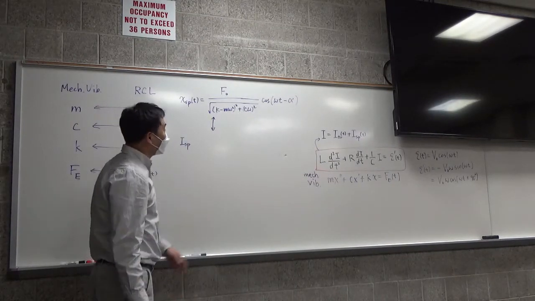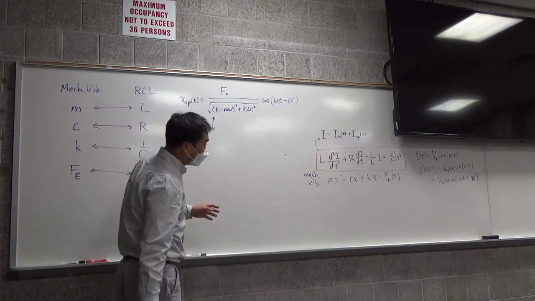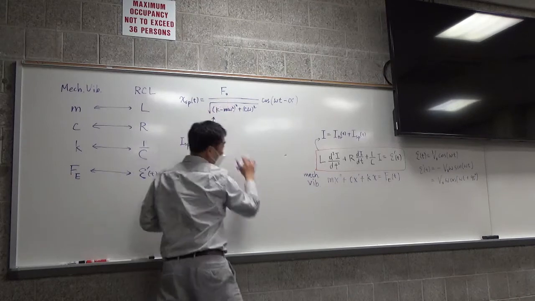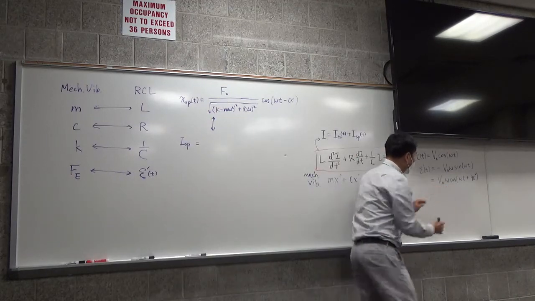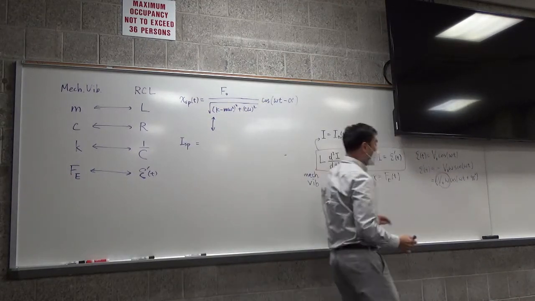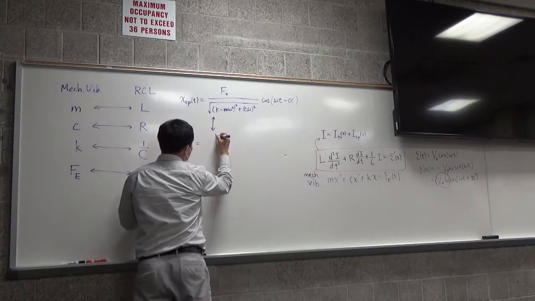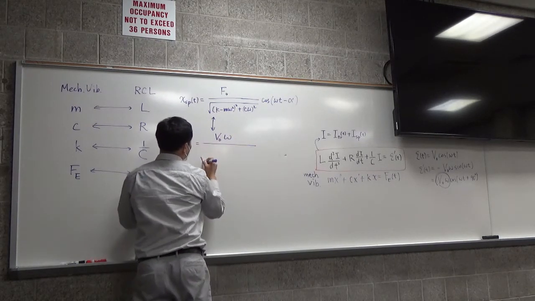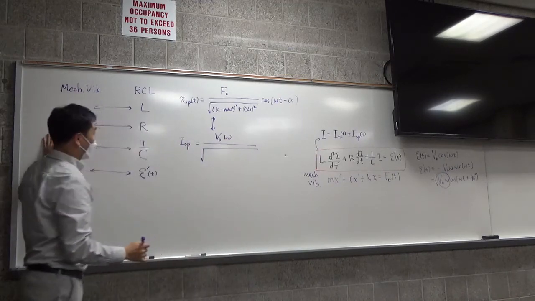So let's not worry about the alpha. But what's happening is this: instead of F0, we have V0 omega working like the F0. The top one will be V0 omega. And then we can use this dictionary here.